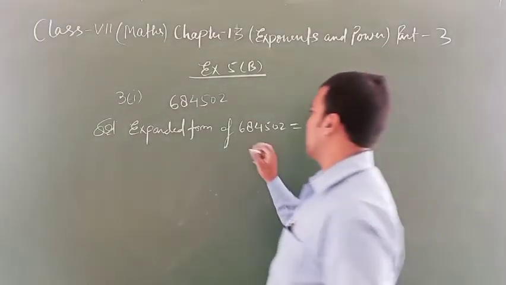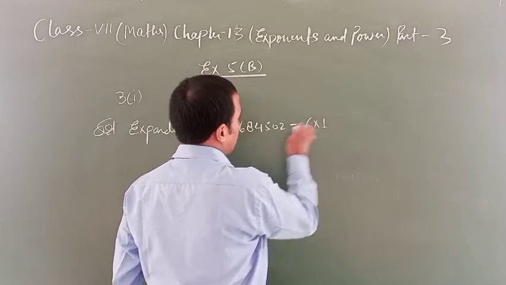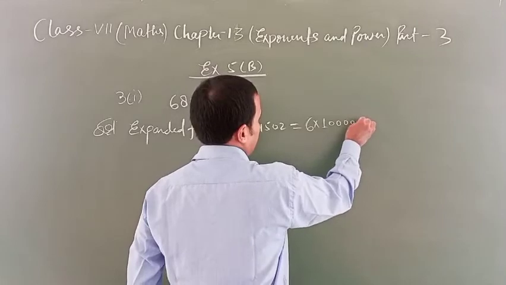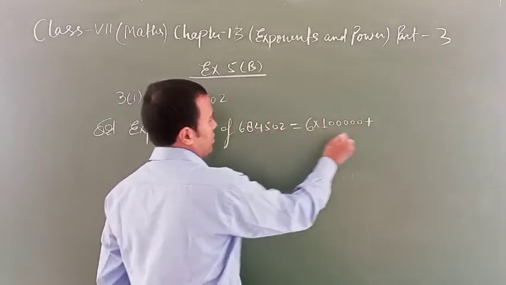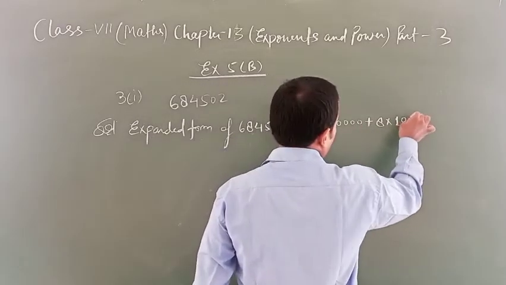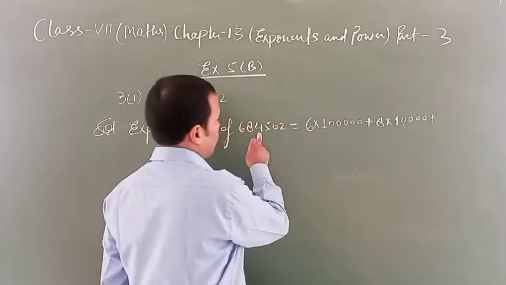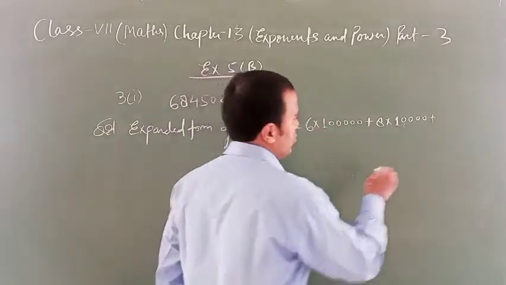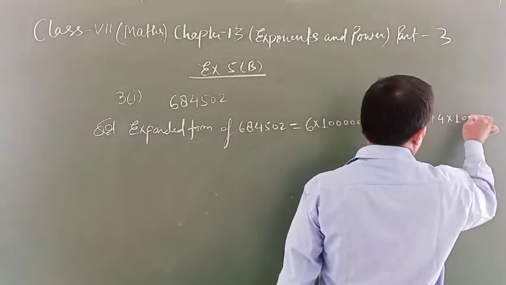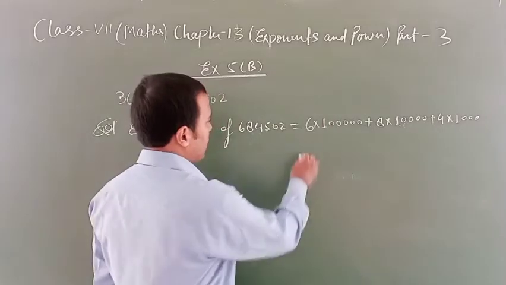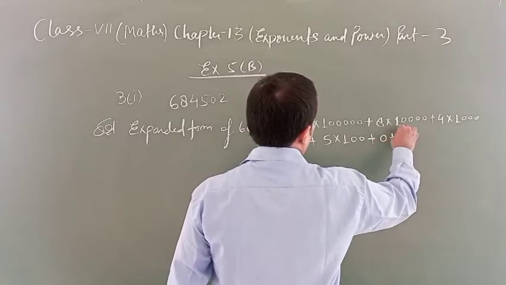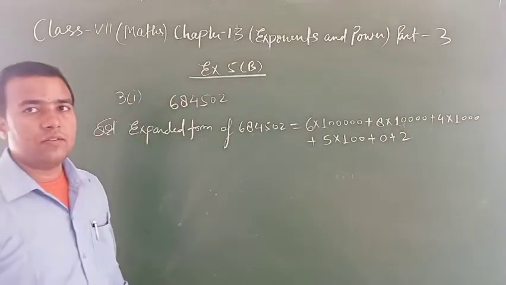Clear? 6 multiplied by 1 followed by 5 zeros, plus 8 into 10,000, plus 4 into 1000, plus 5 into 100, plus 0, plus 2, okay.